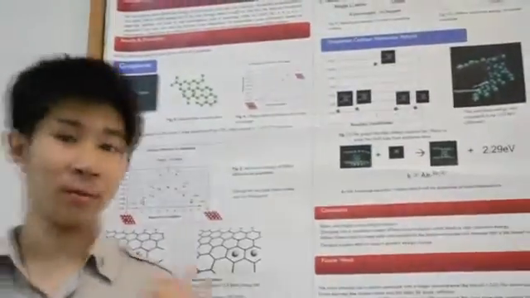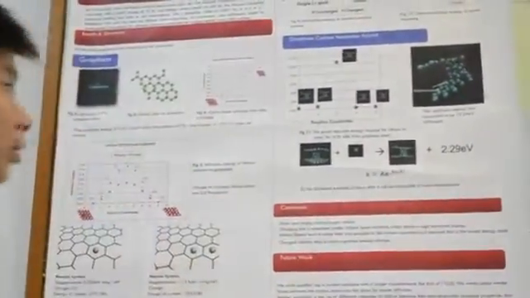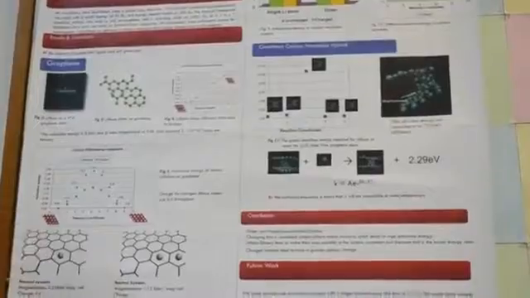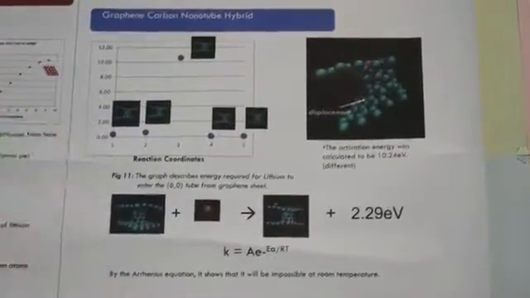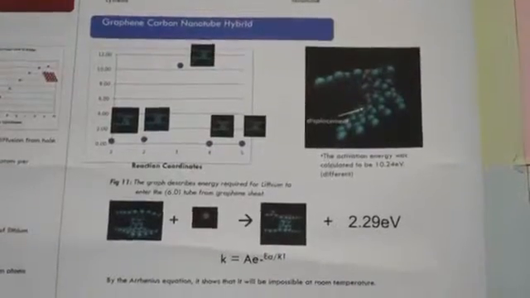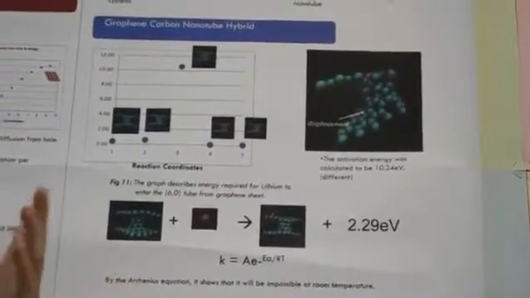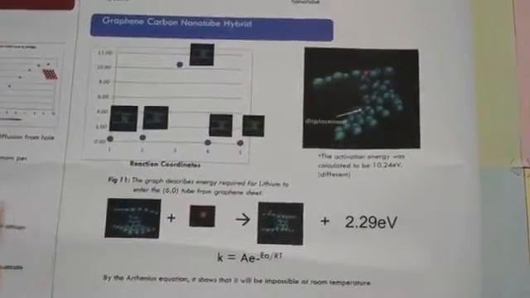I'm Dennis, the person before me just now was Sean, and so anyway, now we're back to the original model for our project, which is basically the graphene carbon nanotube hybrid. So first of all, we tested on graphene, then we started on the carbon nanotube, then we put them together as a hybrid. What we found out was that as compared to the graphene and carbon nanotube alone, the hybrid was deemed almost impossible to diffuse a lithium atom through.